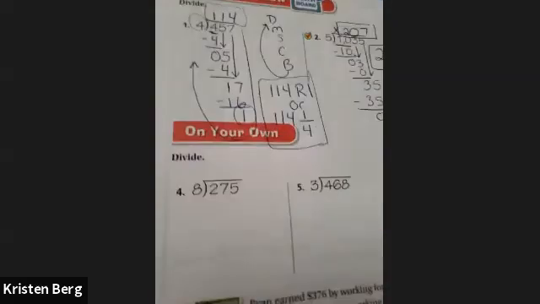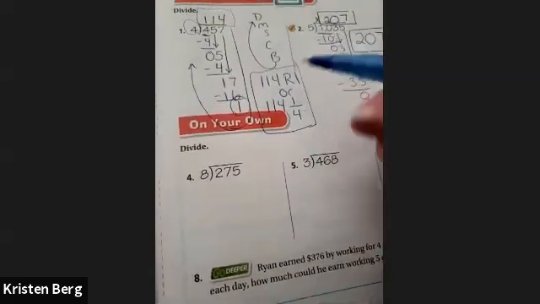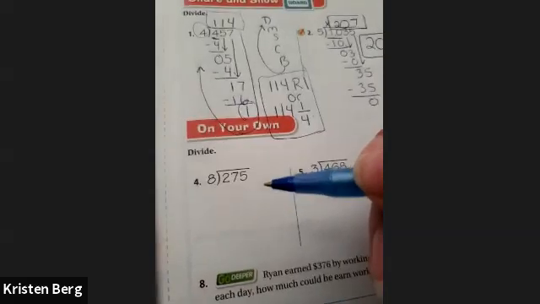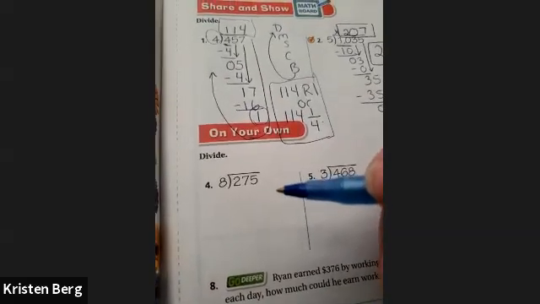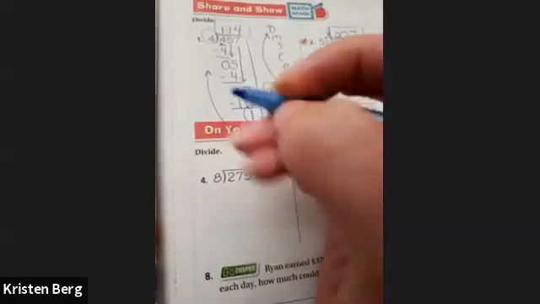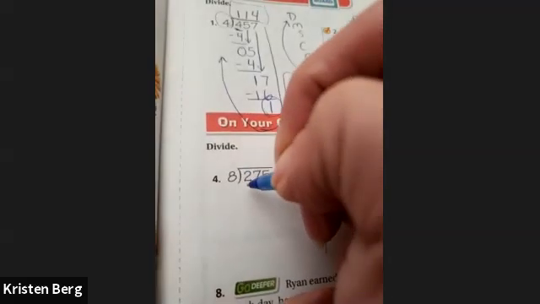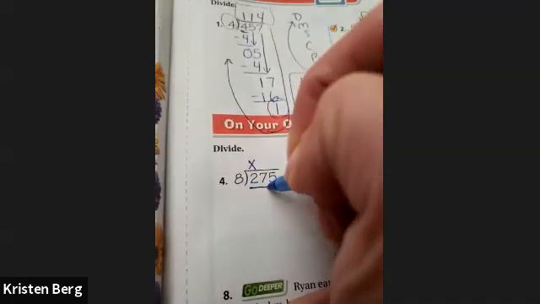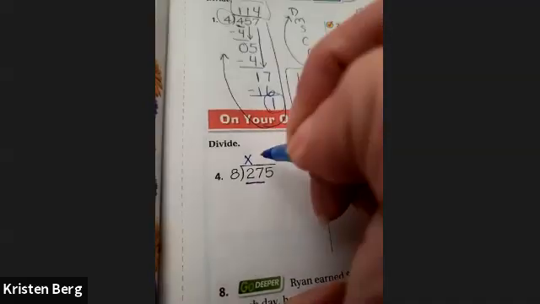All right, so for those of you who paused it, we will start going over it right now. So can 8 go into 2? It cannot. It's too small. 8 can go into 27 3 times. 3 times 8 is 24.